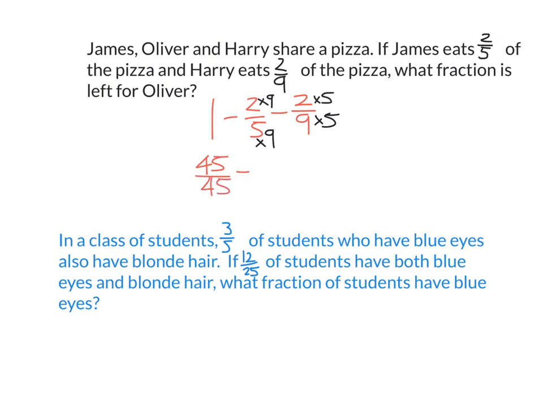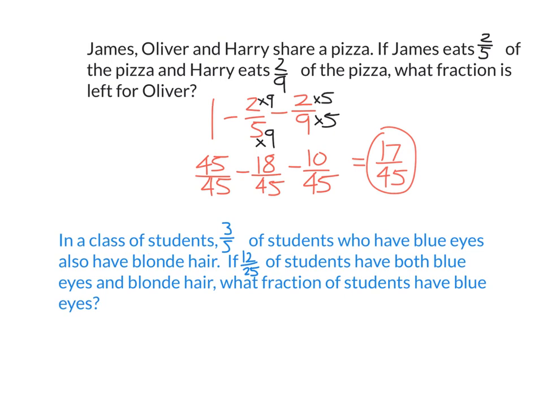So then 2/5 is 18/45. 2/9 is 10/45. So now that all fractions have the same denominator, this is easier. Just go 45 minus 18 minus 10, and I'm left with 17. Keep the same denominator. So 17/45 of the pizza is left.